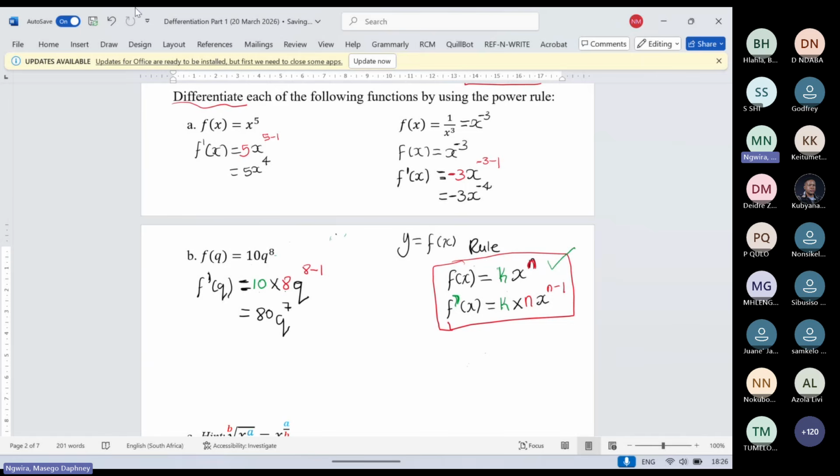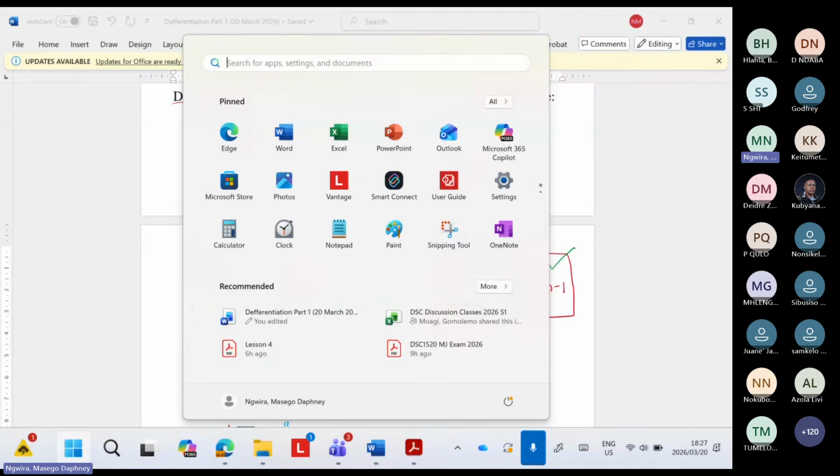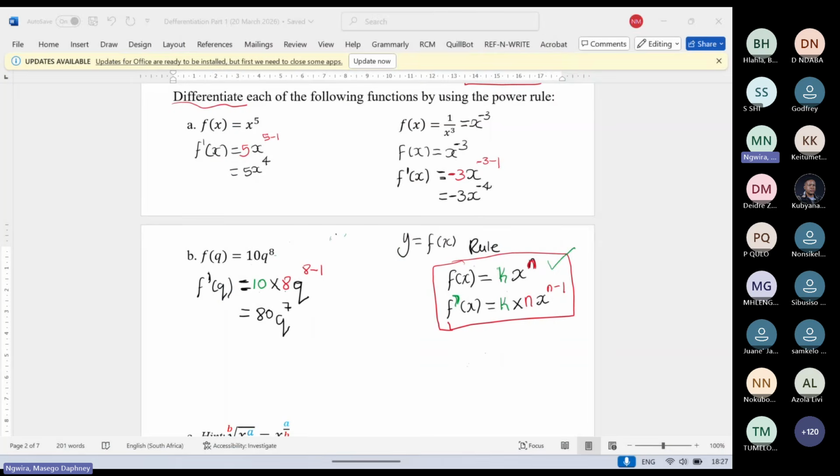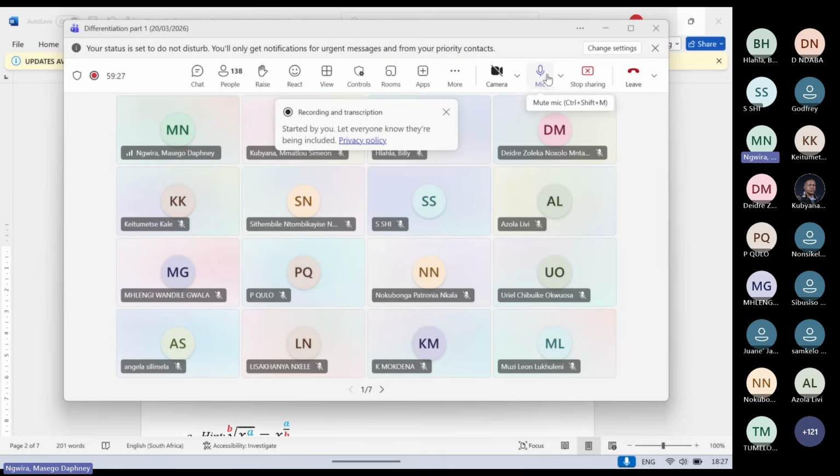If you feel like you are still lost, you can go back to the video because I am recording. As we move on, I'm going to keep using the same thing over and over again, and the more I do it, the more it's going to make sense.